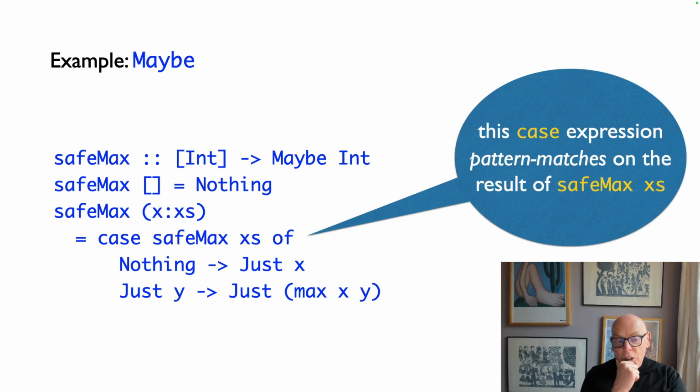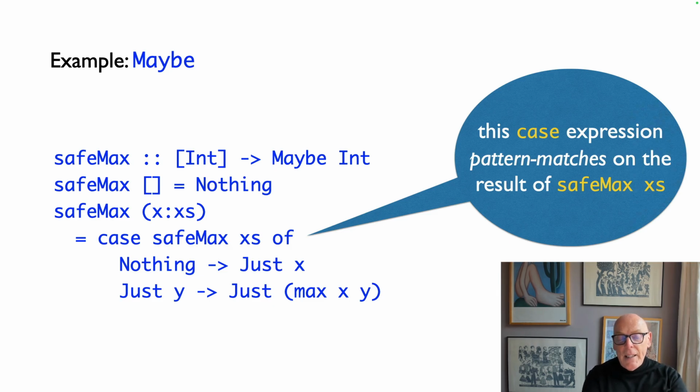On the other hand, suppose there is a properly defined maximum of xs, that would give us the result Just y. And now we've got two candidates for being the maximum of the list. It's either x or it's y. So let's take the maximum of the two, max x y, but we have to wrap that up in a Just, hence the answer here.